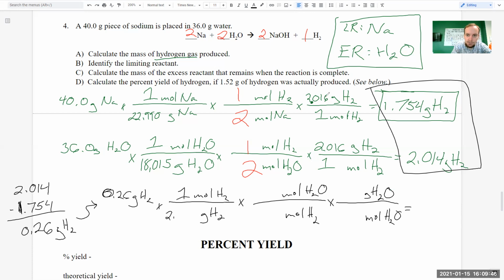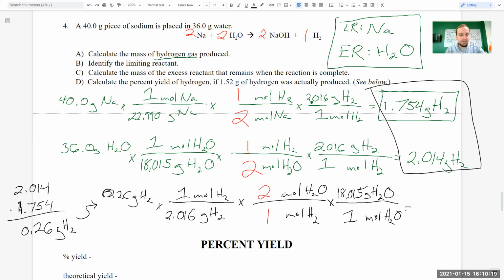We've already determined right here that the molar mass of two H's is 2.016. On the very far right, 1 mole under grams is 1. The grams would come from the periodic table. We already determined that the mass of water is 18.015, again, because we found it right there. All right, then again, in the middle, what we have is our ratio. Hydrogen on the bottom, there it is, it's 1. Water on the top, there it is, it's 2.